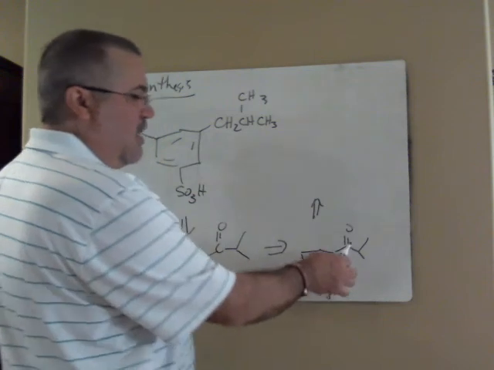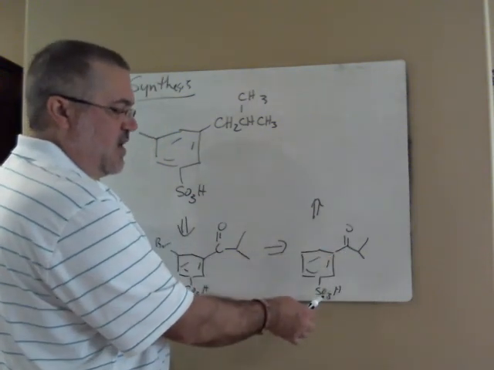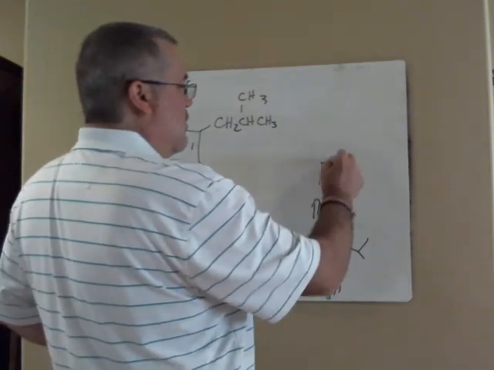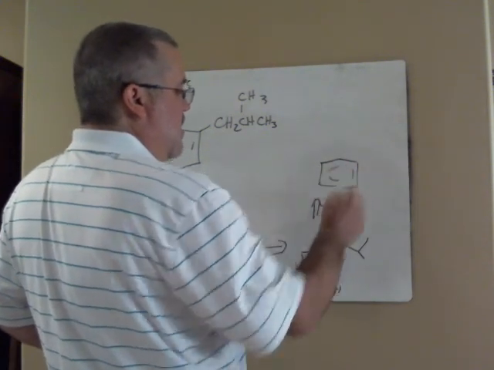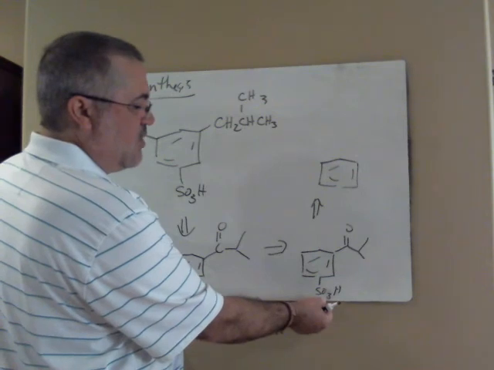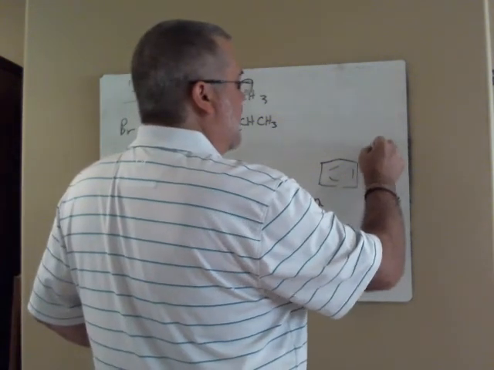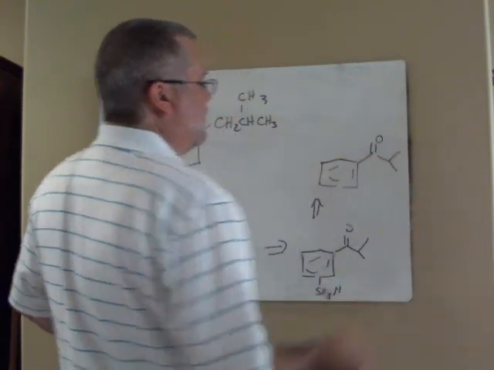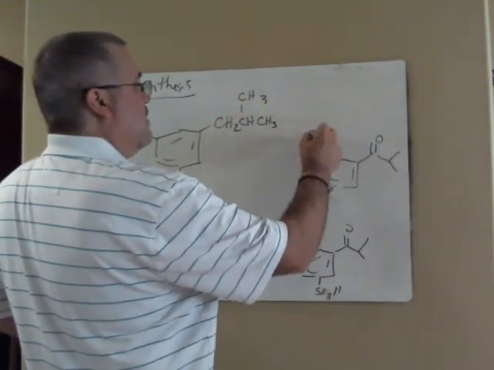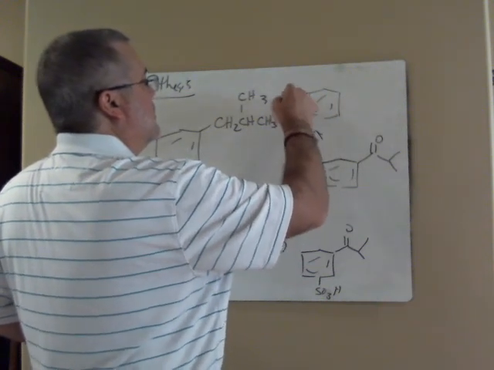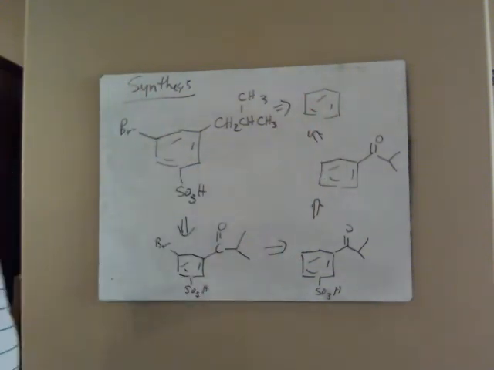But remember, you can't do an acylation if you have an electron withdrawing group. So you have to take this one off retrosynthetically first, because if you just had the sulfonyl group on there, you couldn't do a Friedel-Crafts to put this on. So that group had to have gone on first. Okay, and then we go back to benzene, which, even though I didn't draw it, was the starting material.